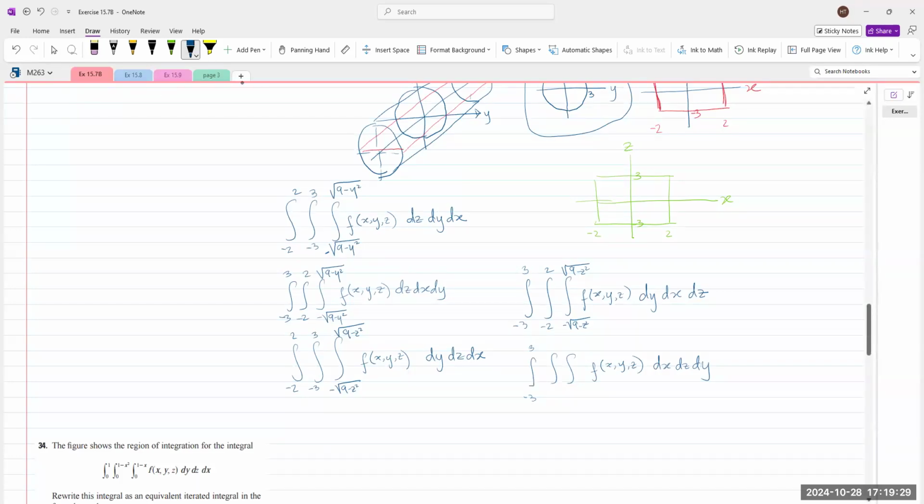The z will be from negative square root of 9 minus y squared to square root of 9 minus y squared. And x will be from -2 to 2. You will notice that if the outer two integrals are from the same plane, then the inner integral of those must be the same.